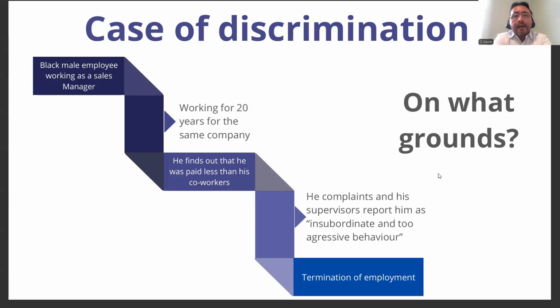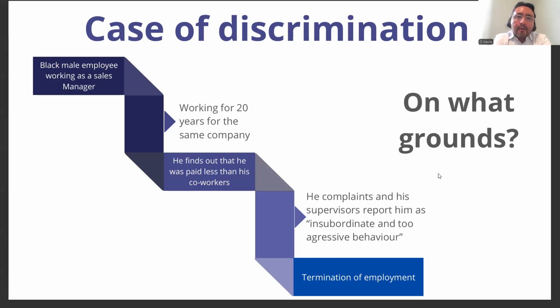This is a case from a Black male employee working as a sales manager in a very big corporate company that is international. He has been in the same company for over 20 years. By accident, because one person from human resources accidentally sends the payroll to his email, he comes to find out that he is paid less than his coworkers.